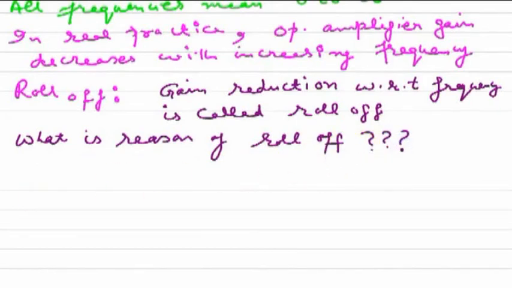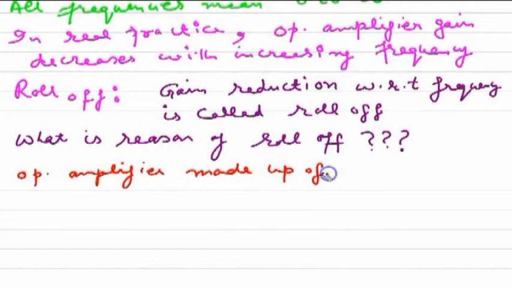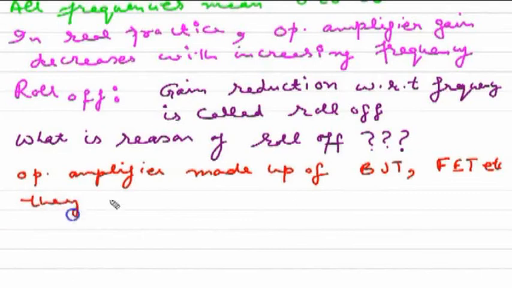So the answer lies in the fact that the op amplifier is made up of bipolar junction transistors and field effect transistors, and they have their internal junction capacitance. And this capacitance has the reactance 1/C omega.